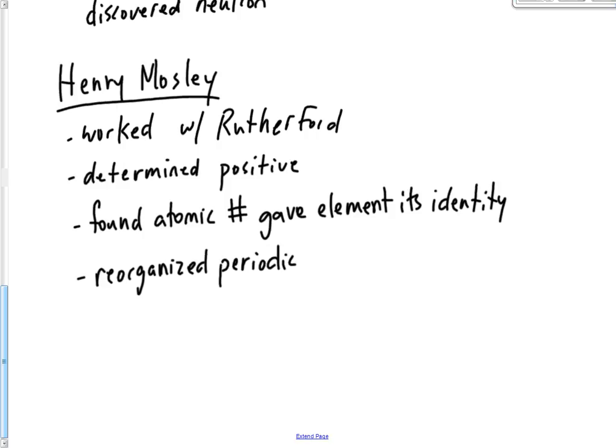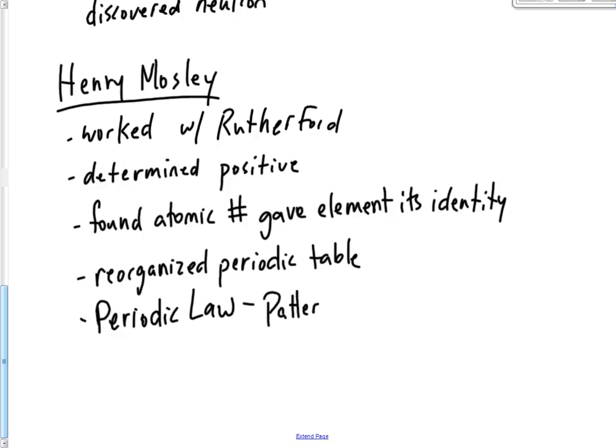Okay, and when we get into the periodic table, you'll see his name come up again. Okay, and he devised essentially what is periodic law, and an oversimplified definition of periodic law, which we'll get into later when we talk about the periodic table, is that a pattern sets of properties. So if you look at the properties, okay, they create a pattern. All right, and that's how we can organize the periodic table.